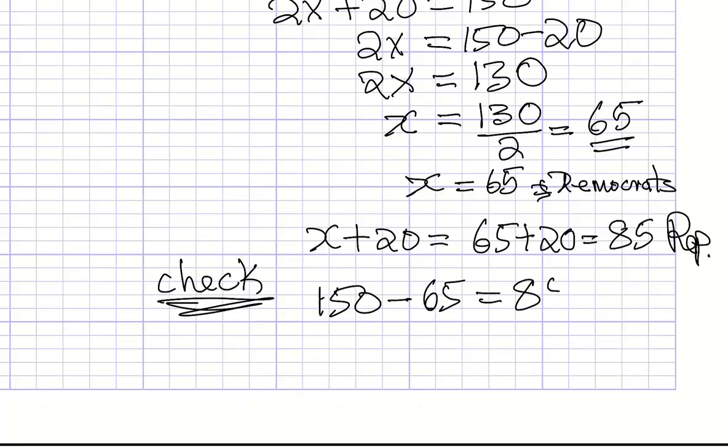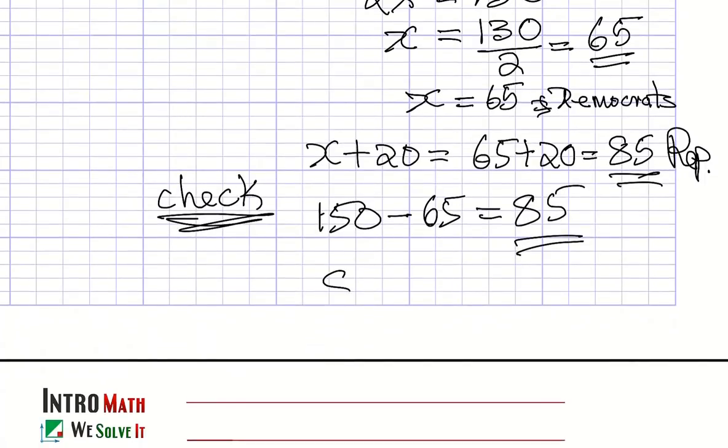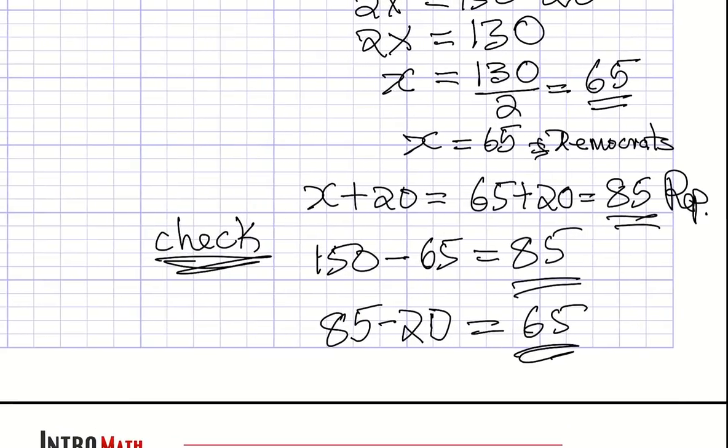It will give you 85. Yeah, it checks out, you see? Even if you take 85, the number of Republicans, and subtract 20, you get 65. So it doesn't matter how you check, it checks out. We'll leave it there and move on to the next problem.